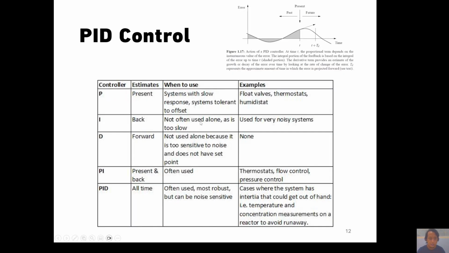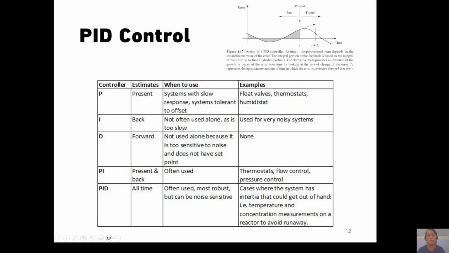And this is the table about when to use P, PI, PD, or PID control. In this table, I have not mentioned the PD controller. P is usually for a slow response and a system tolerant to offset.